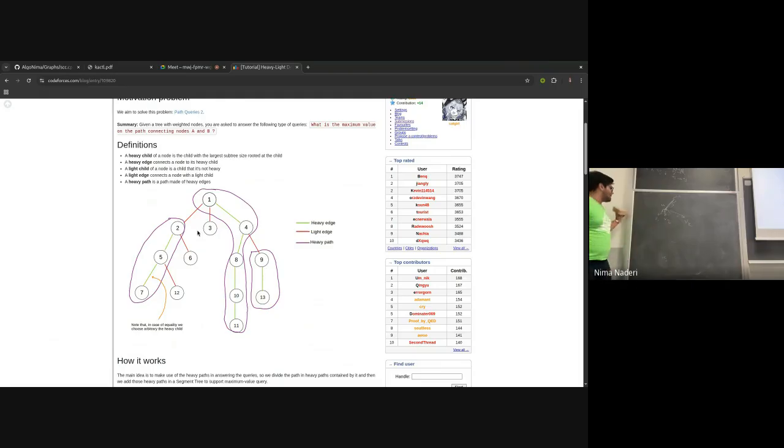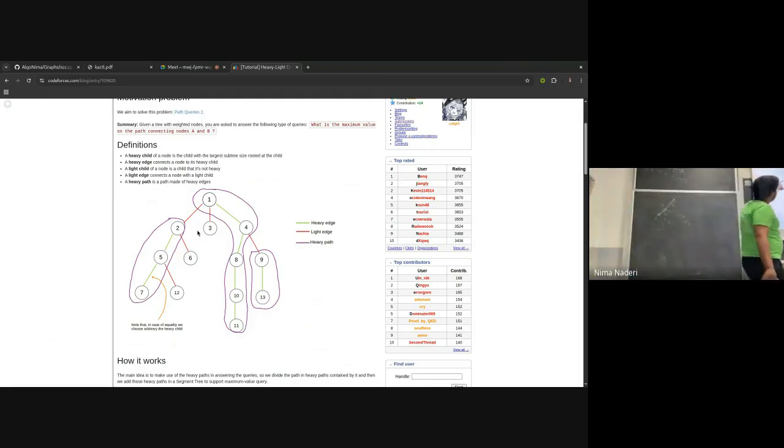And consider that V1 is the heaviest one, the one with the biggest subtree. We always continue the path that came into U to the biggest child. This is the way that we color it.